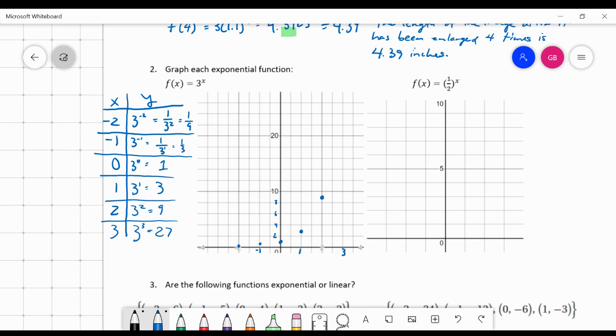So 27 would be, let's see, 20, 22, 24, 26. So it's going to be about there. Okay. And then once you have your dots, you go ahead and connect them with a nice curve, like so.